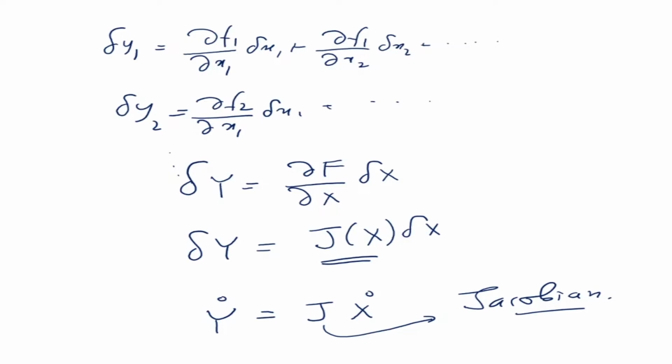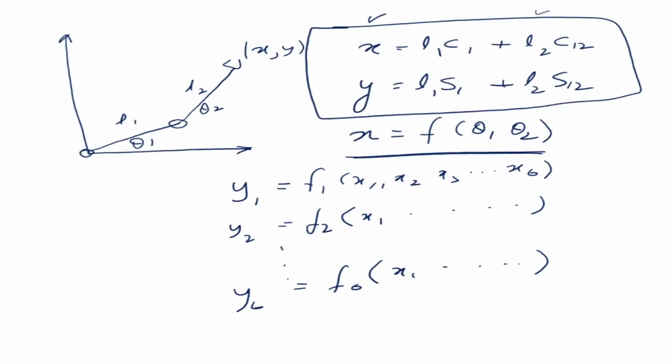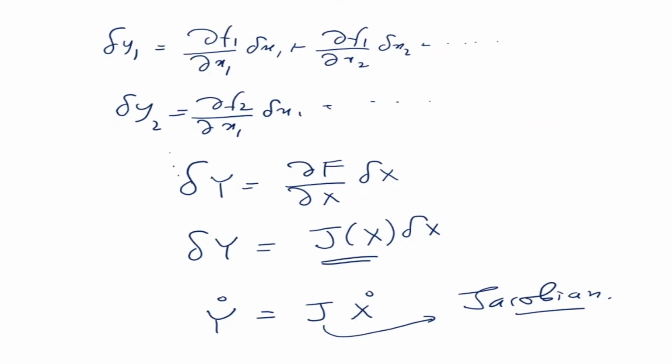So what we are interested in is to find the differentials of x and theta for our manipulator case, and what we do is take the derivative of these two equations. That will give me the relation between x dot and theta dots. So I come back here and draw our two-link manipulator.